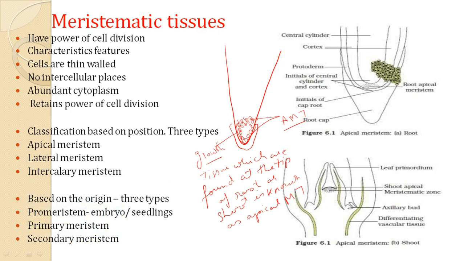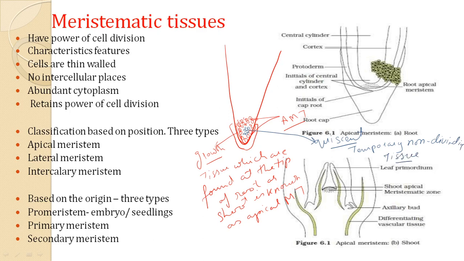Look at this area where I have left some spaces. In this area there is another tissue present. This area and these tissues are called the quiescent center. These are basically temporary non-dividing tissue.